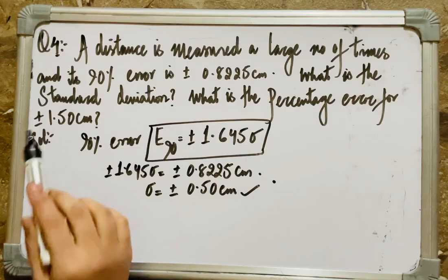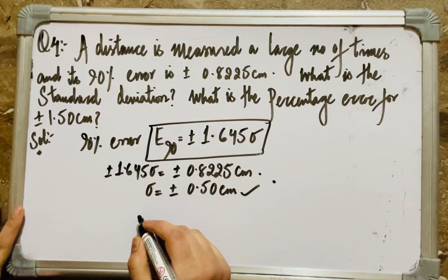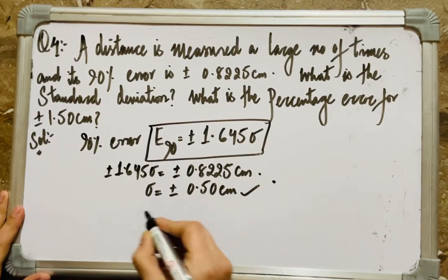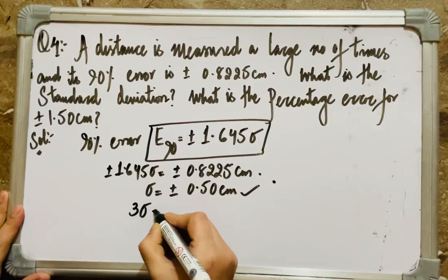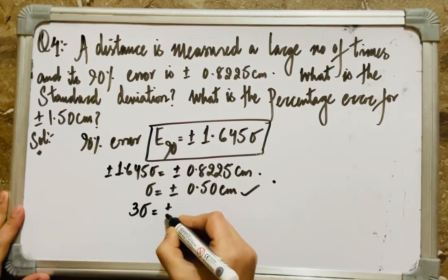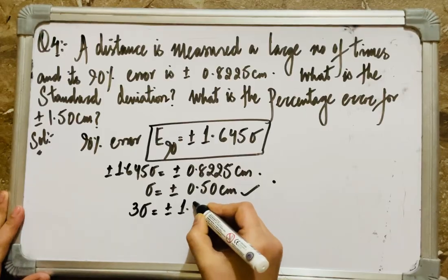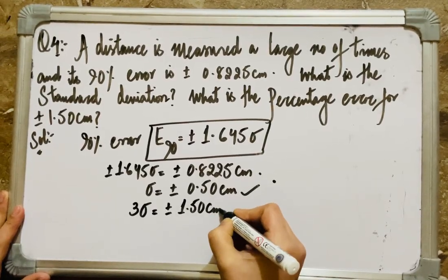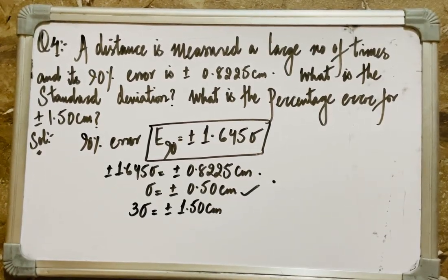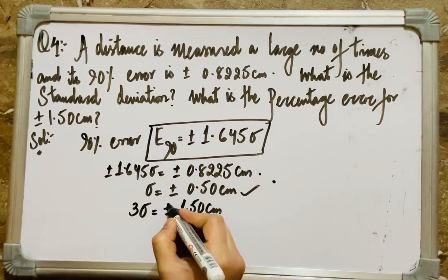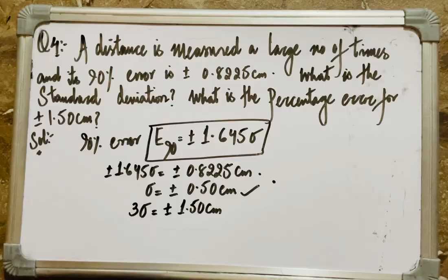All right. So my sigma is this. My thrice sigma is how much? Plus minus 1.50 centimeters, isn't it? If my standard deviation is plus minus 0.50 centimeters, then 3 times the standard deviation is how much? Plus minus 1.50 centimeters.